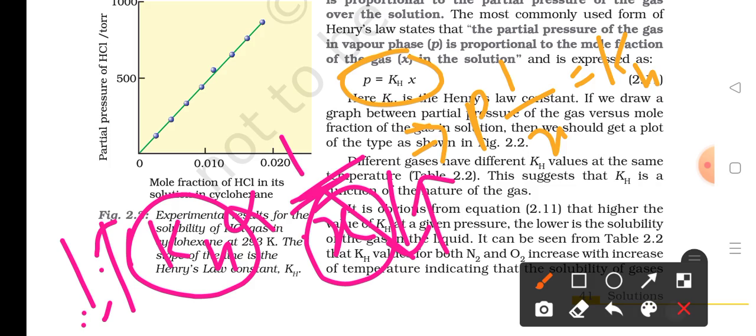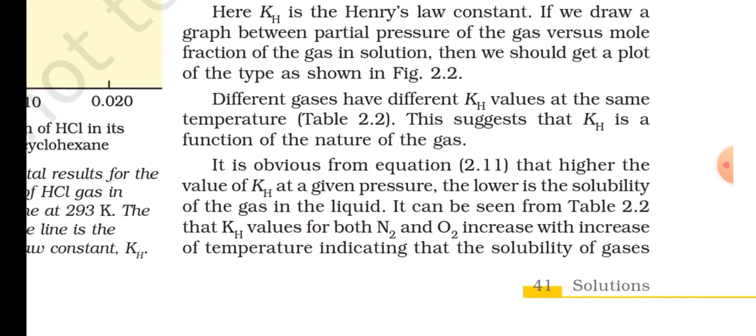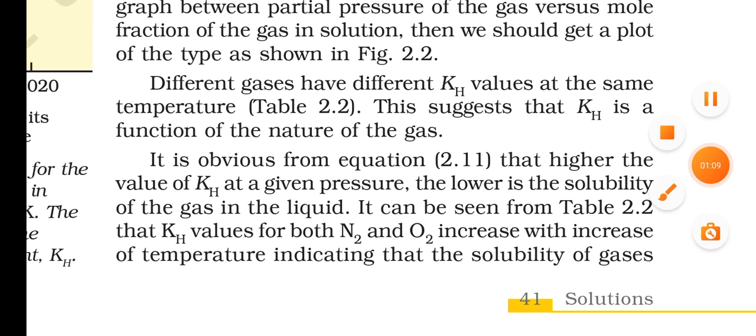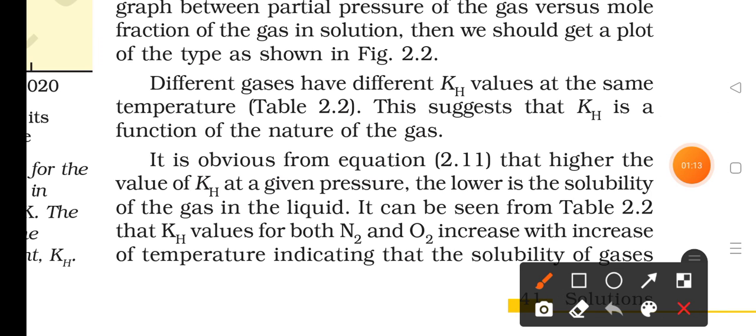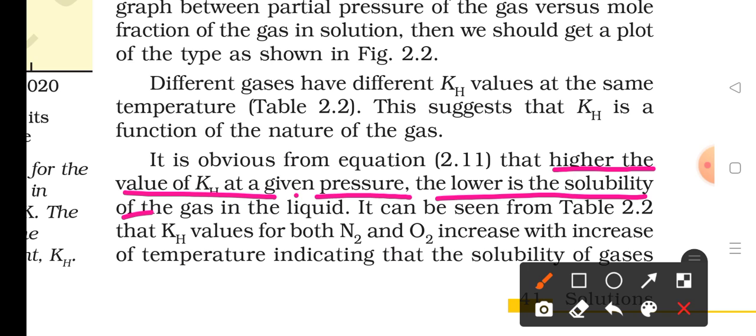Here we have an important note: the higher the value of K_H at a given pressure, the lower the solubility. We know that solubility is directly proportional to concentration. We already know about these things from our previous videos.